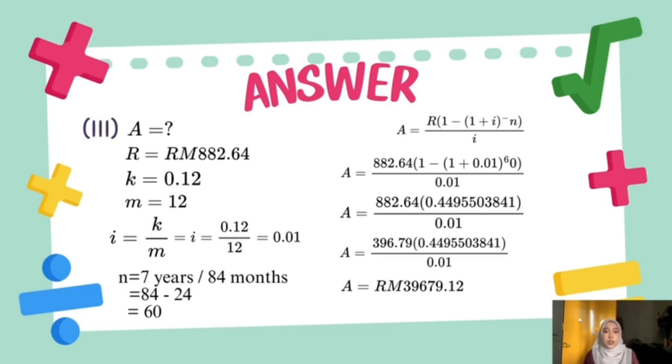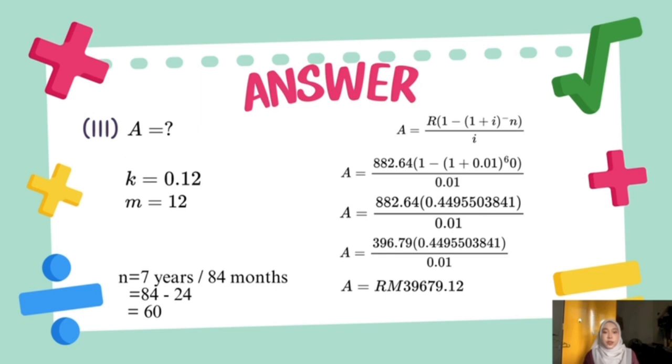We calculate that: A equals 882.64 times 0.4495503841 over 0.01.